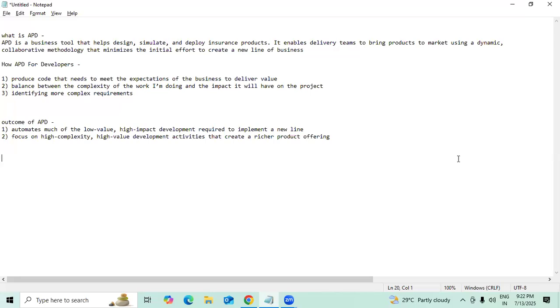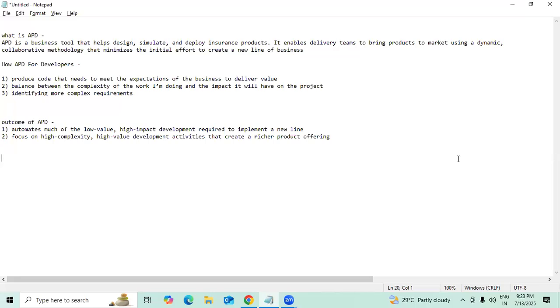So being a developer, what is it that we must inculcate? Page level configurations we are anyway aware of, but from the product design point of view, as a developer, the code produced needs to meet the expectations of the business for the delivery value. That is one thing a developer needs to understand.